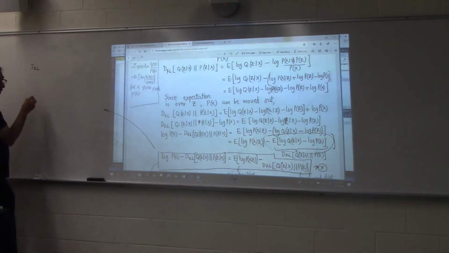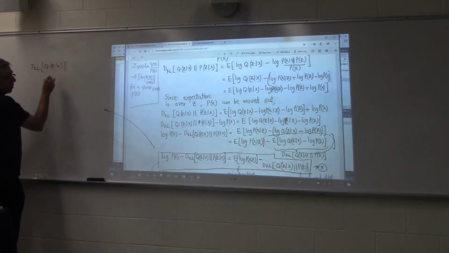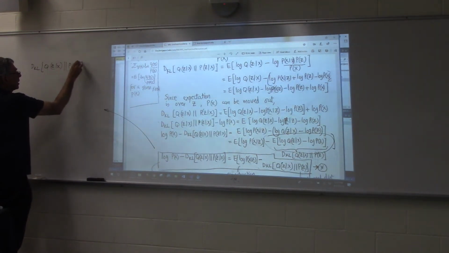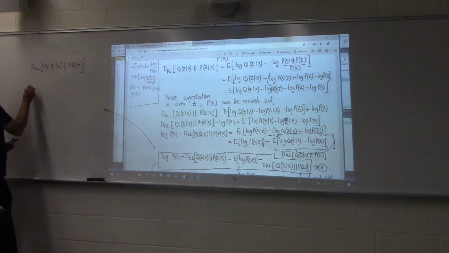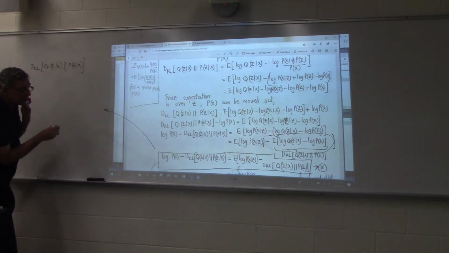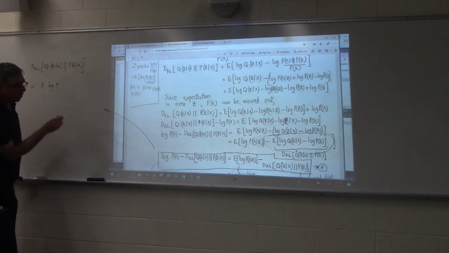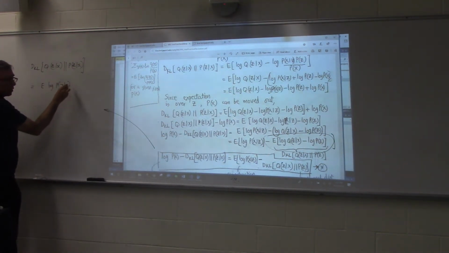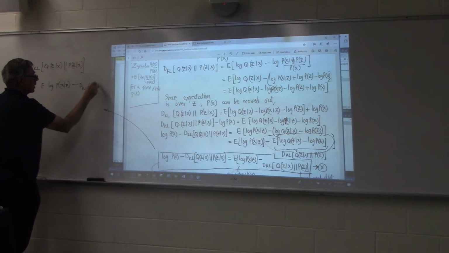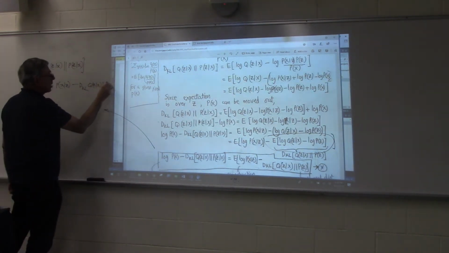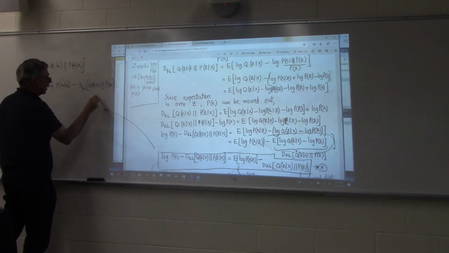So if I wrote DKL of Q(Z given X) with P(Z given X), and I'm moving log to the other side, then this will become E of log P(X given Z) minus DKL of Q(Z given X) with P(Z), minus log P(X).